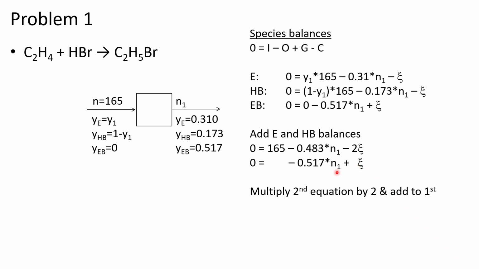We're going to multiply the second equation, the ethyl bromide balance, by 2, and then add it to the first equation, which we obtained by adding the E and the HB balances. If we do that, you'll see that the term involving xi will drop out. That will give us an equation in terms of N1 that we can solve.